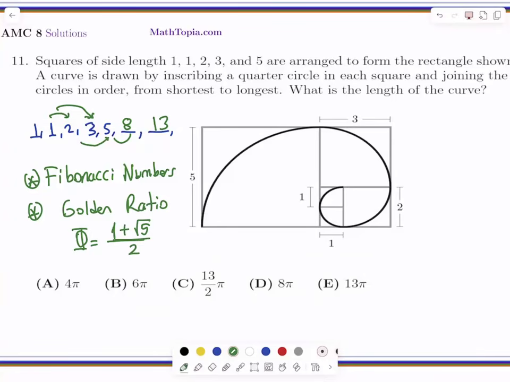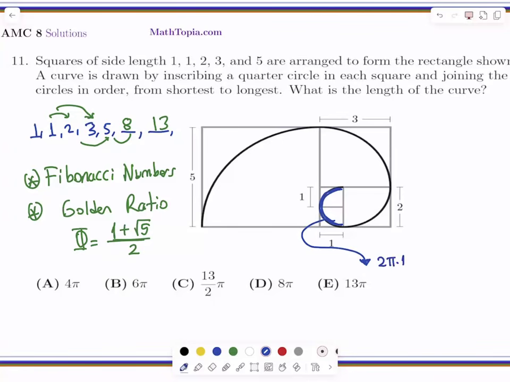We're trying to understand the length of the curve. Let's try to understand what we have here. What do we have, Yusuf? First, we have a semicircle. What is the length of half of the circle? The formula is 2 pi r.